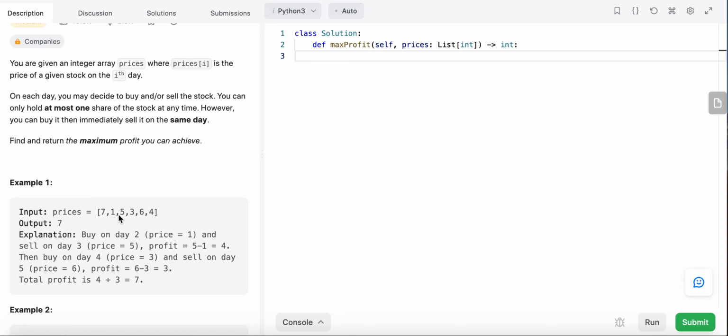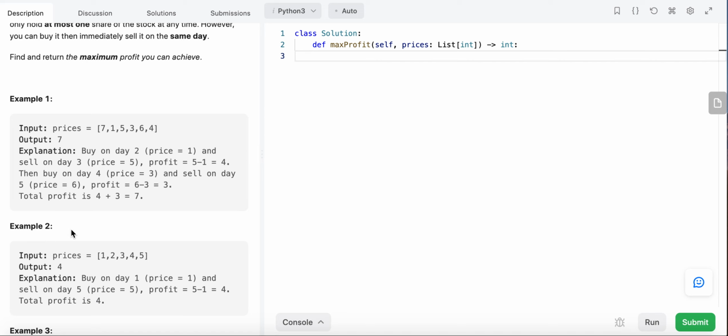You may ask, what if we purchase on day 2 when the price is 1 and sell it later? That's actually equivalent to purchasing on day 2 and selling on day 3 when the price is 5, and then immediately purchasing on the same day and selling on a later day. So that's what we found from example 2, right?